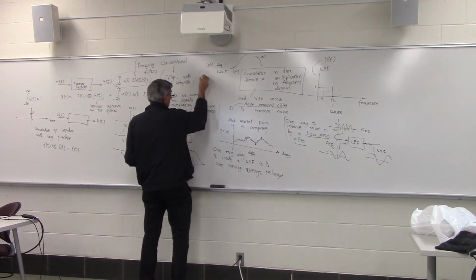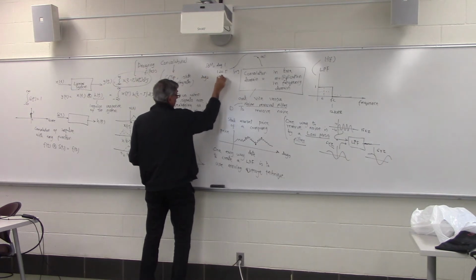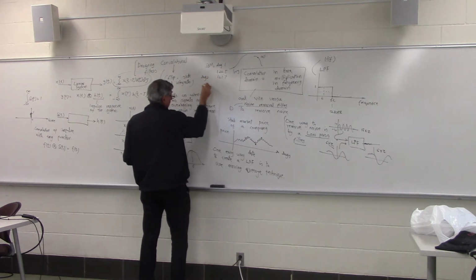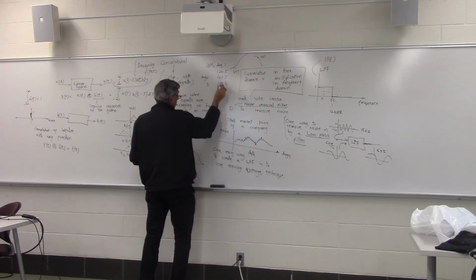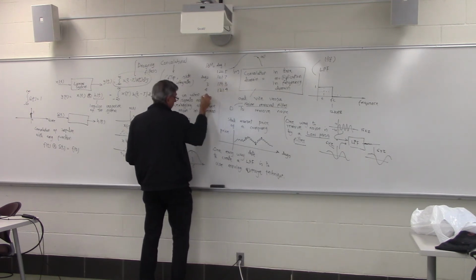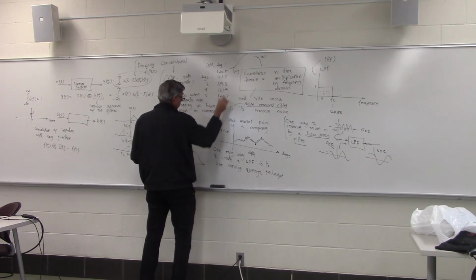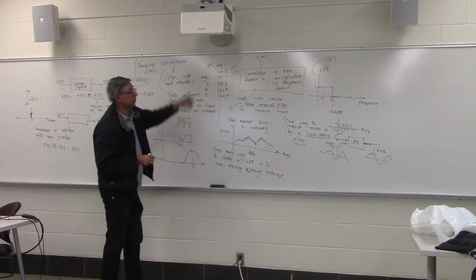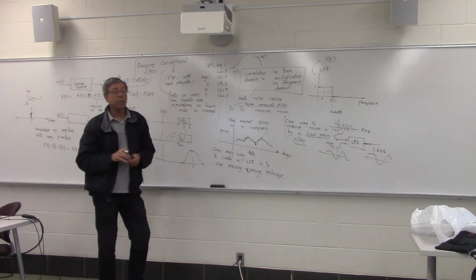Day 2 price is 121.7. Day 3, 119.3, day 4, 129.4, day 5, 120.7. So you can see every day it's going slightly up, slightly down, right?